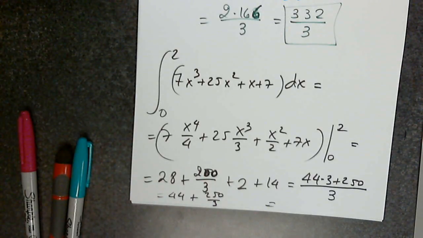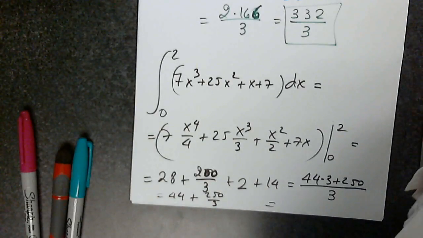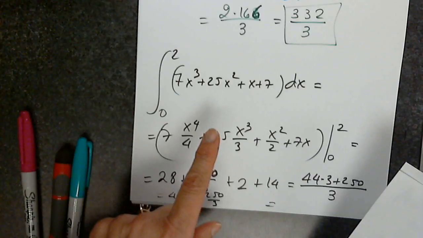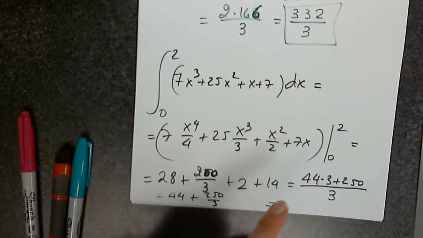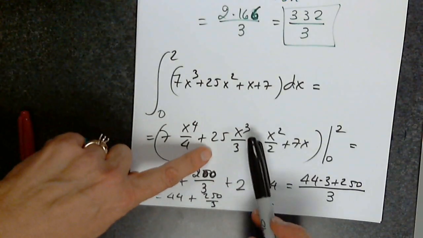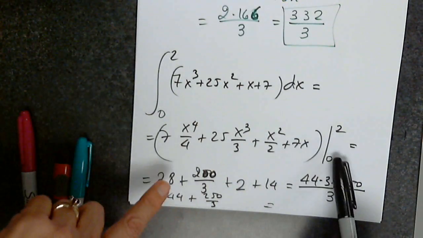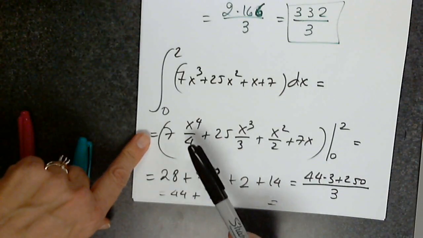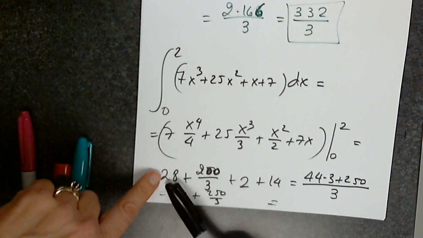I'm not getting the same answer. Let me check. We just made up the function, right? So it was 7x cubed, 25x squared plus x plus 7. That's correct. So 7 x to the 4 over 4, x cubed over 3, x squared, and yes. So one more time. 2 to the 4th is 16 divided by 4 is 4. That's 28.